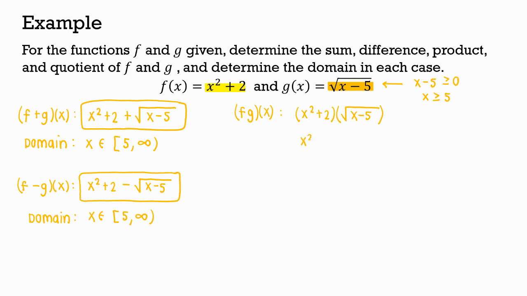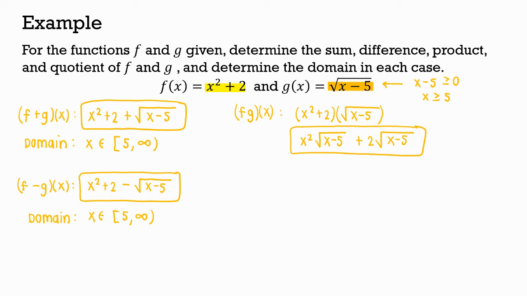That x squared is getting multiplied by this radical of x minus 5, plus, then I'm going to distribute the 2 to that square root as well. There's nothing really that I can do any farther besides just distributing the x squared and the 2 to that radical. So this would be the product.